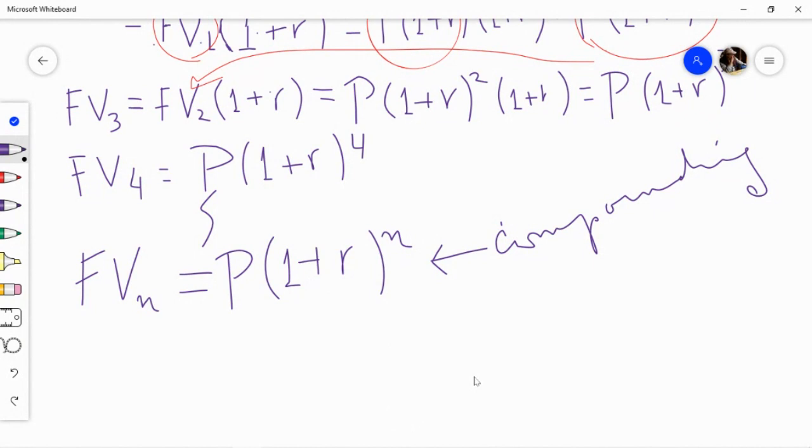And I've been telling you throughout topic 1 and especially topic 2, because we were talking about interest rates, that there are two types of interest rates: compound interest rate and simple interest rate.